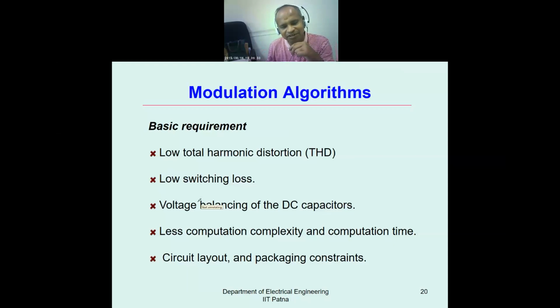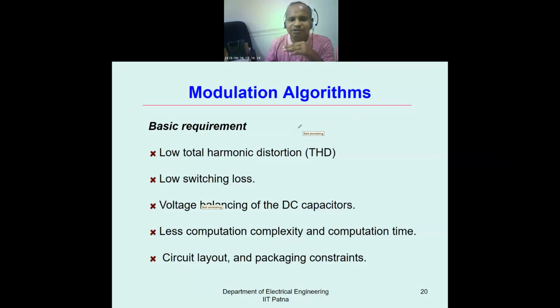After delta modulation there are many techniques you can go through in communication systems; I'm not going into detail. Then came sinusoidal pulse width modulation, whereas we used to have the sawtooth. In the sawtooth, synchronization has many problems, so sinusoidal pulse width modulation became very popular. We compare a sine wave and a triangular wave.